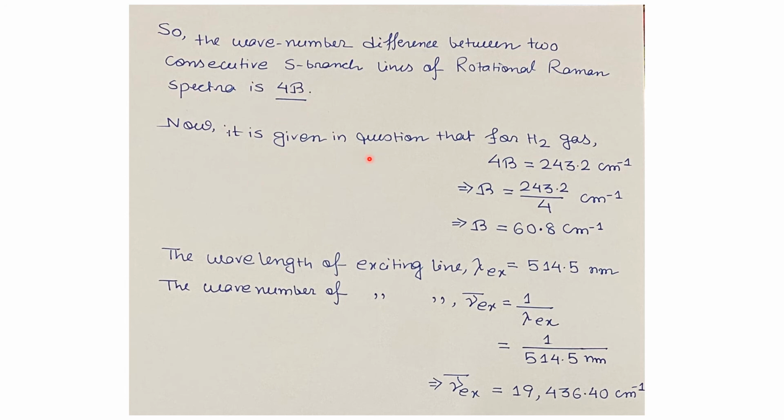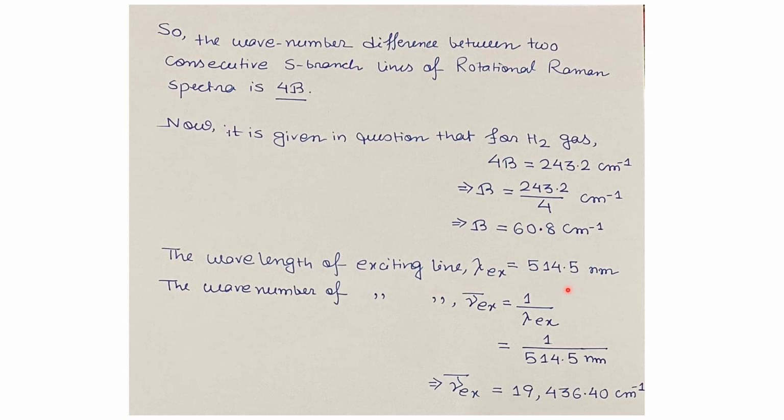Now it is given in the question that for the diatomic molecule H2 gas, that is the hydrogen gas, 4B equals 243.2 centimeter inverse. So from this we can calculate the rotational constant for the hydrogen gas system. So B equals 60.8 centimeter inverse. Now it is given that the wavelength of the exciting line, that is lambda Ex, equals 514.5 nanometer.